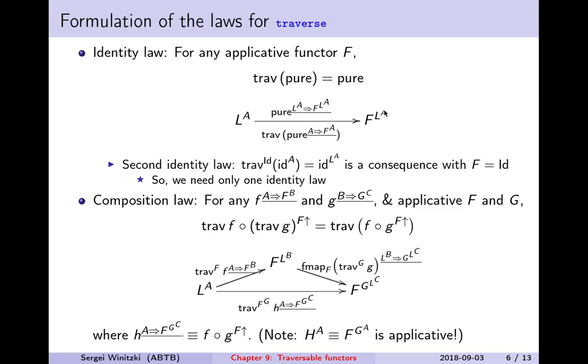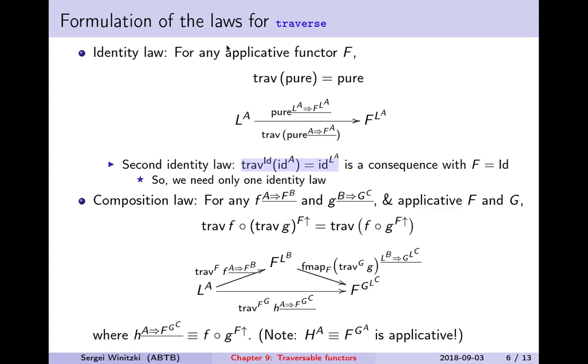So that's the first law. Now the second identity law looks like this, and it's clearly a consequence of the first identity law if we just put f to be the identity functor. And the first law should hold for every applicative functor.